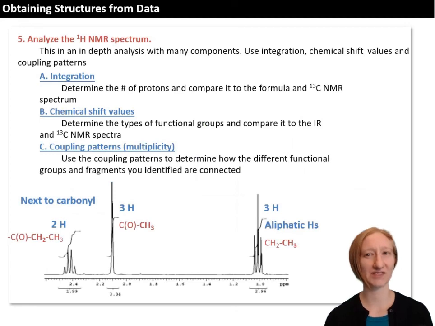Then I can put these pieces together by finding my 2 ends, the 2 methyl groups, and then putting the CH2 in the middle. And now this coupling information helps me do that, because the coupling told me that the CH2 is next to a methyl, and the coupling told me that the methyl is next to a CH2 group. So I end up with a final structure shown here, methyl ethyl ketone.